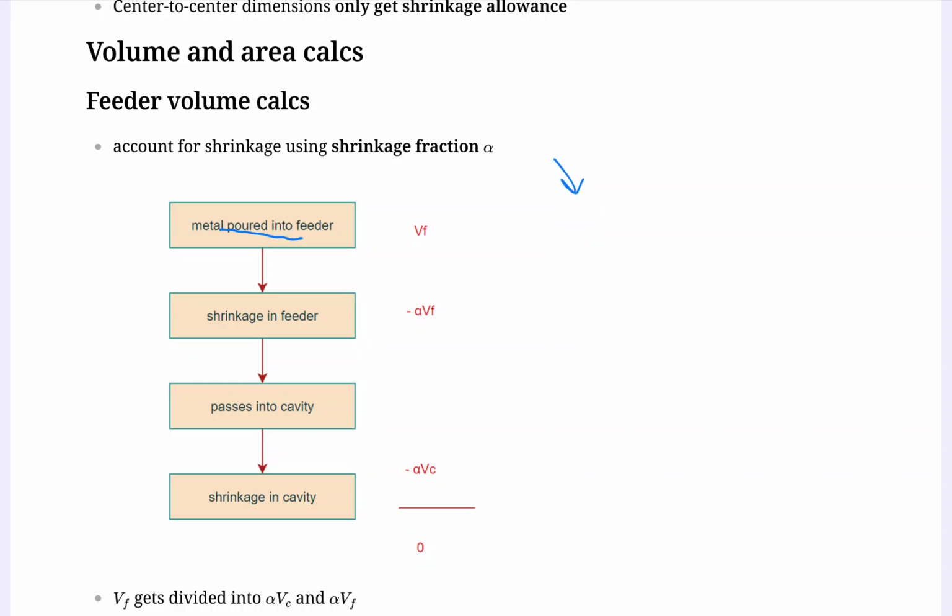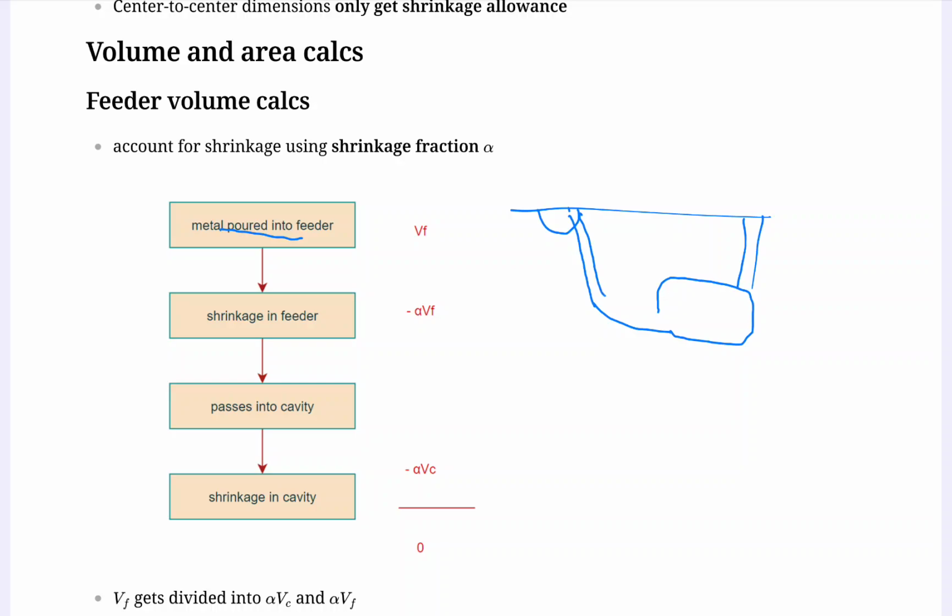I'll remember tomorrow, but right now I can't. But anyway, we have the feeder and runner part, and then we have the cavity and the riser, okay? It's a very simple thing.